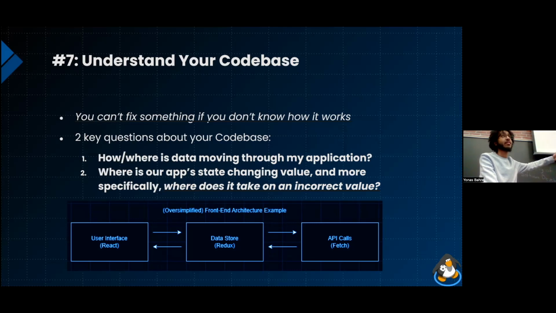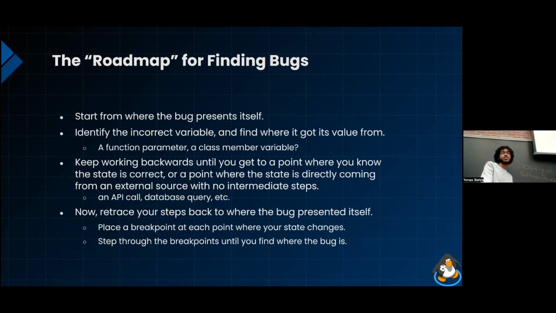And for data that comes in the other way, let's say you fetch something from the backend, it's going to go to the part of my app that handles the API calls, go to where the data store is, and then finally come back to my front end components on the React side. So again, you need to know where it's moving in your app. And with this knowledge, it leads us into a general roadmap that you can take for finding bugs. This was an approach that I used a lot while doing a lot of debugging over my internship.